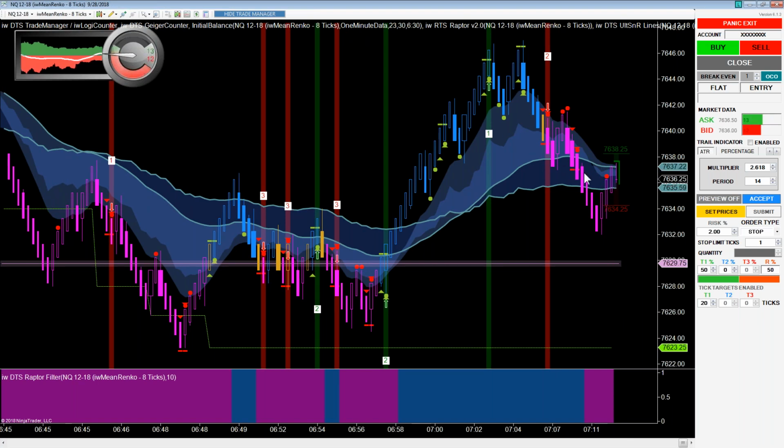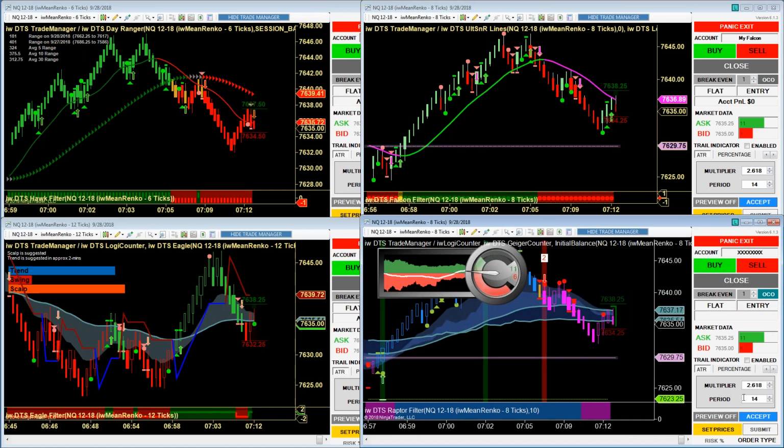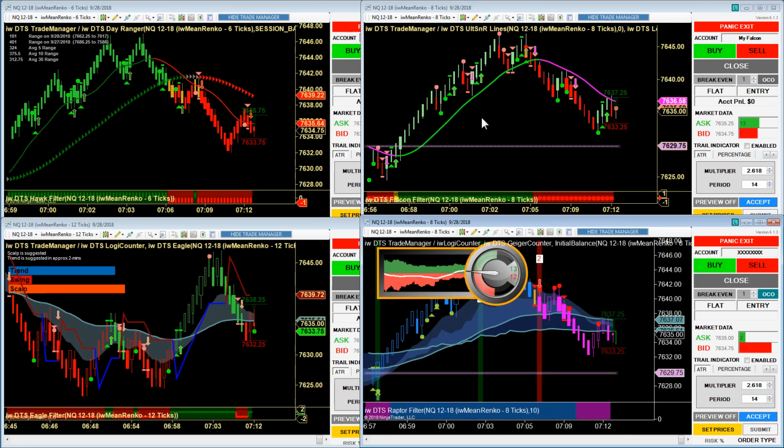All right, so here now that reaction to the hard edge. Yeah, the Hawk and the Falcon still already fairly bearish. I don't like it when the tools are out of sync like this. It just kind of tells you the market's undecided.